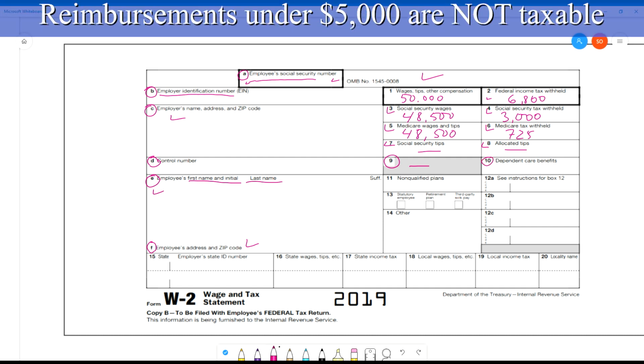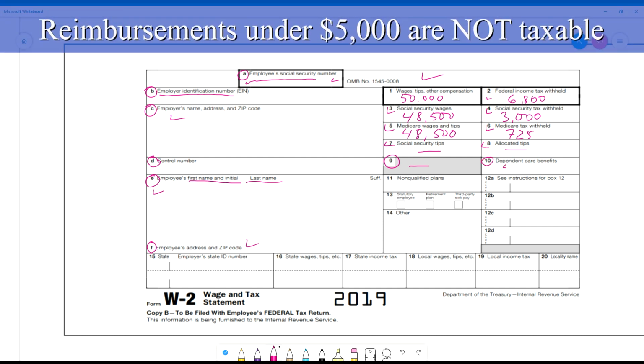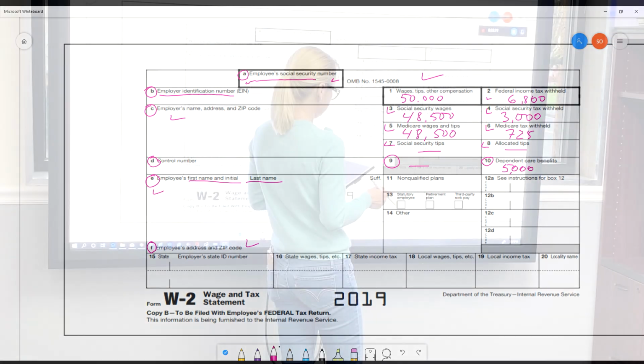Dependent care benefits. Say in our example, it will be $5,000. Your employer will report the total benefits paid on your behalf under a Dependent Care Assistance Program, including those greater than the $5,000 exclusion. Amounts of $5,000 or less paid under a qualified plan are considered non-taxable benefits.